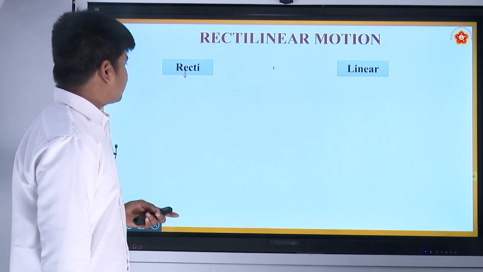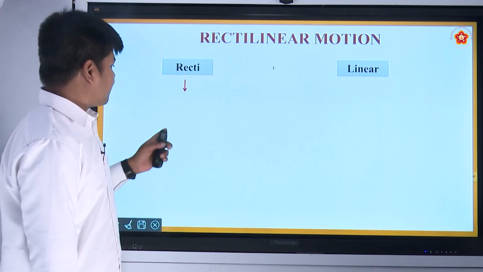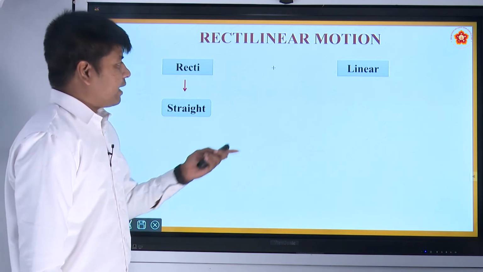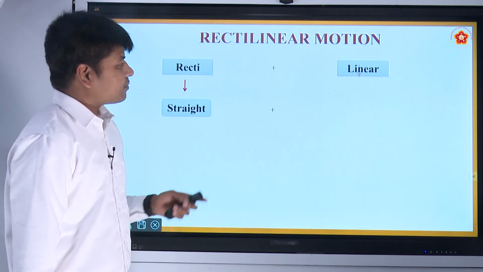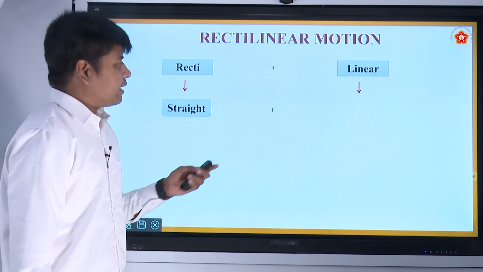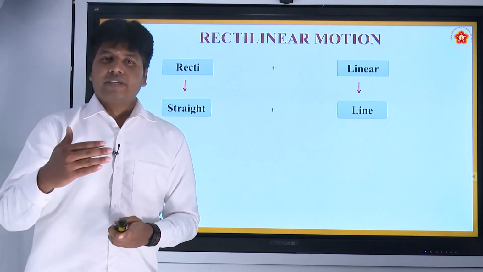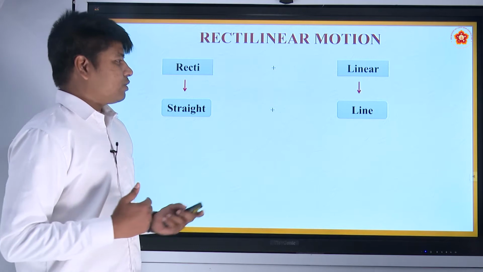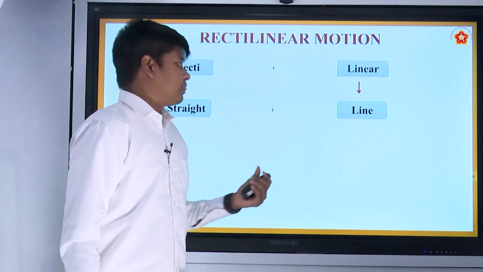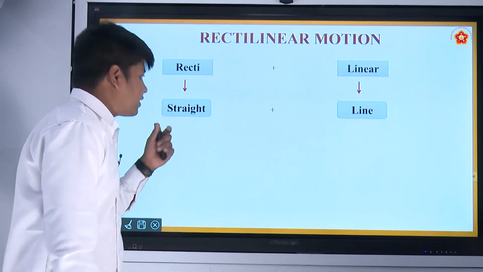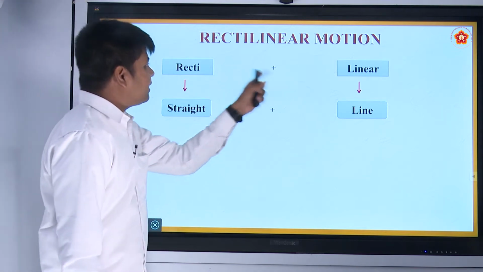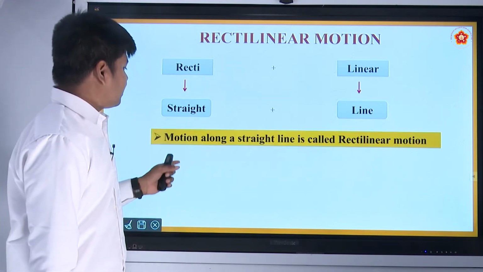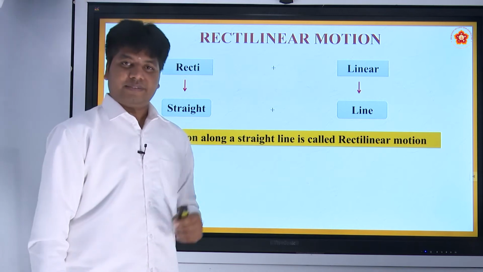Recti stands for straight. And linear stands for line, or the gradual progression in a sequential manner. So that is none other than a line. So what is that line? That should be a straight line. So rectilinear motion tells you the motion along a straight line.